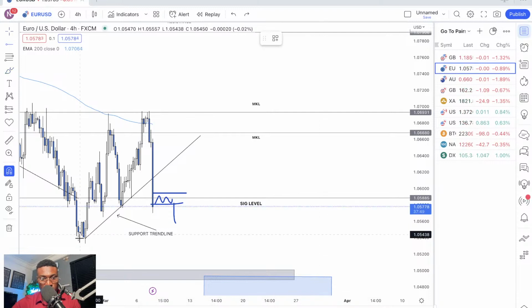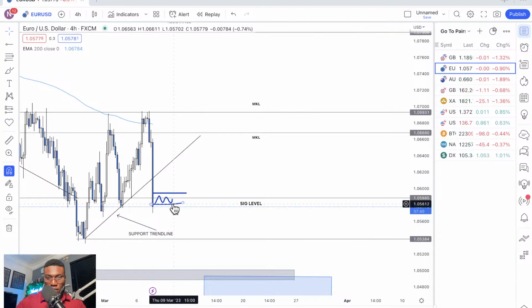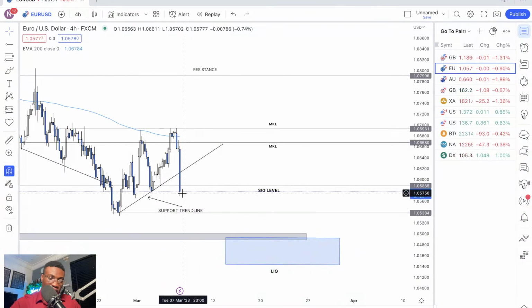So that's what we want to look out for. So if you see that nice consolidation or pullback to the upside and a break below it, then that can be an indication for you to continue to sell the euro dollar market.